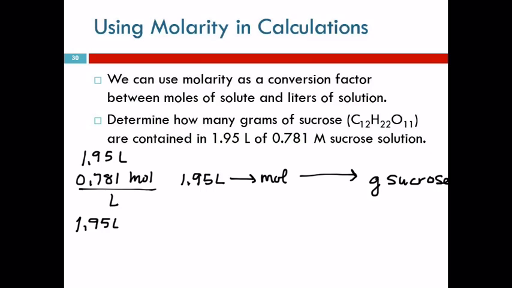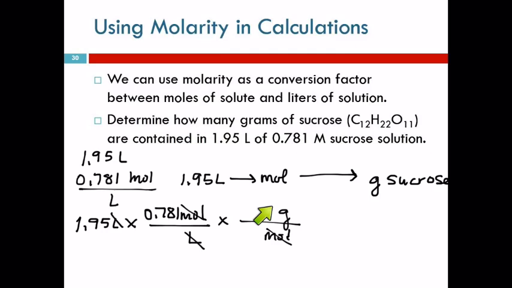1.95 liters. Liters to moles. So my next one here is going to be moles and then grams. And then I'm going to put the units in so they'll cancel out: moles cancel out liters. The molarity is a conversion factor between moles and liters. So 0.781 moles, I'm going to put the 0.781 with the moles.